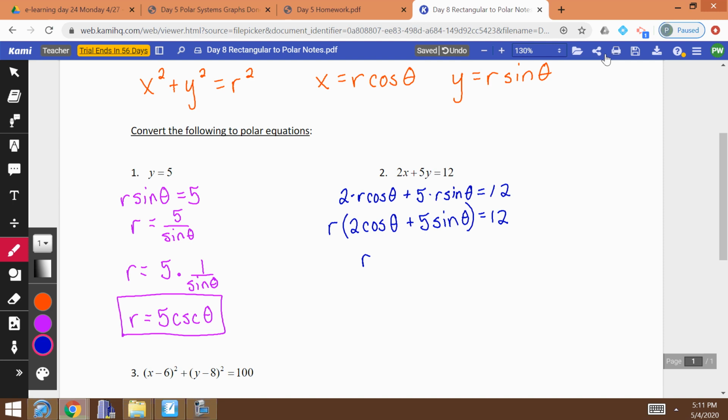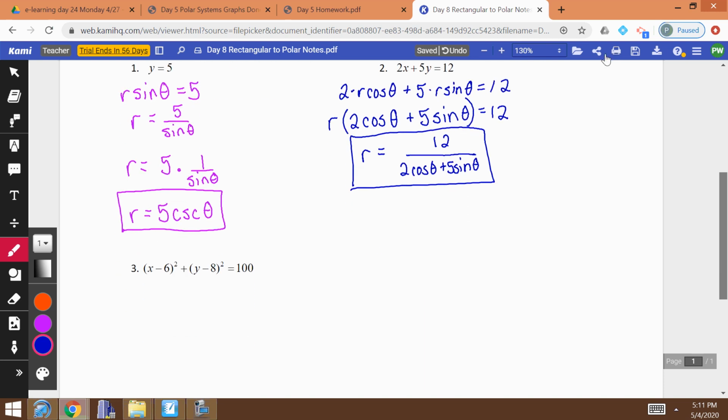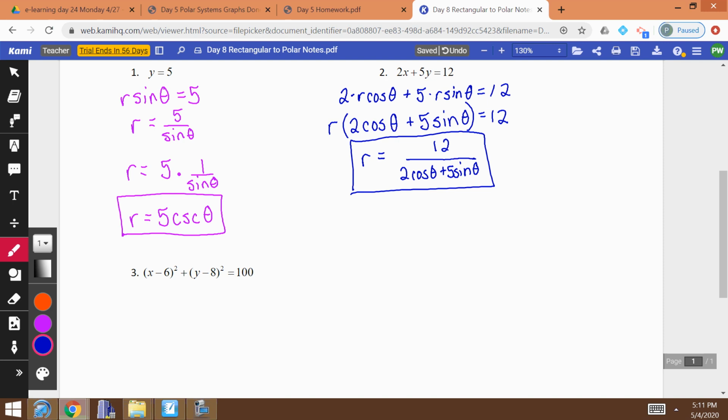So we end up getting r equals 12 divided by 2 cosine theta plus 5 sine theta. Now this one we can't split up anymore. Because we have a sum in that denominator, I can't write it as 12 over one and 12 over the other. It doesn't work that way because the sum is in the denominator. So that's it. This is our final answer for that one.